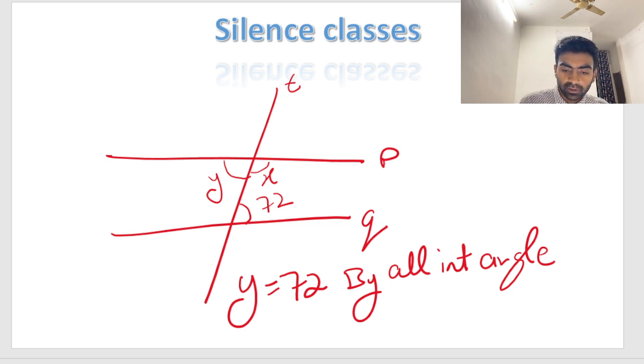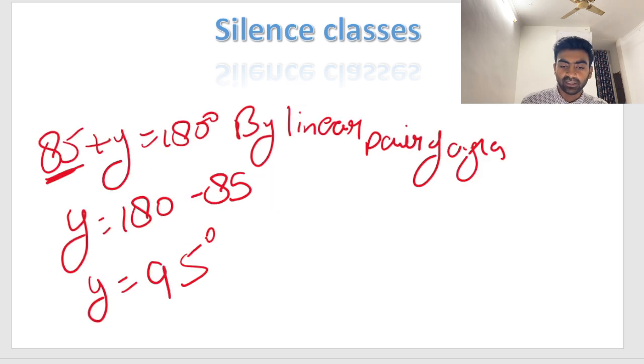We can use the co-interior angles: the sum of co-interior angles is equal to 180 degree, and we can put the value of y as 72. Or we can use the linear pair of angles, because y and x are a linear pair, so we get 180 degree on line P. So let's do it by the co-interior angles.